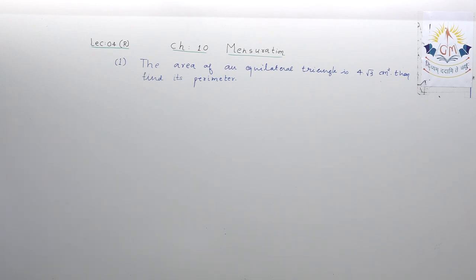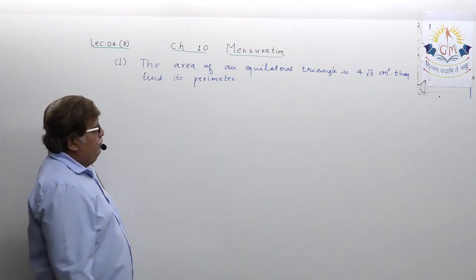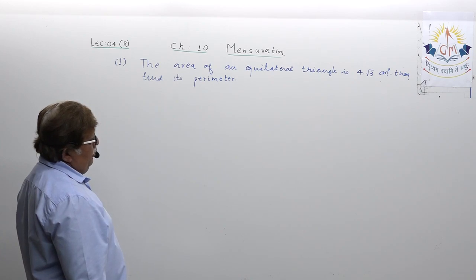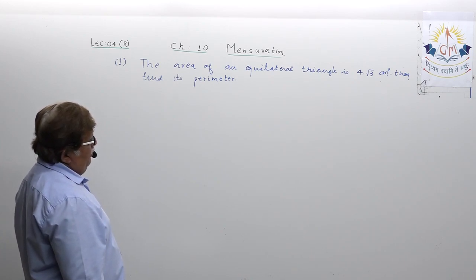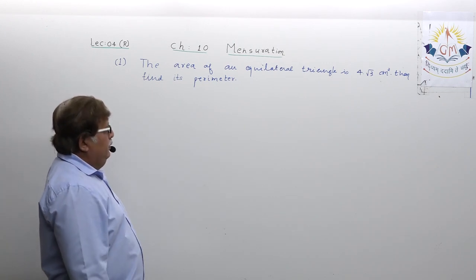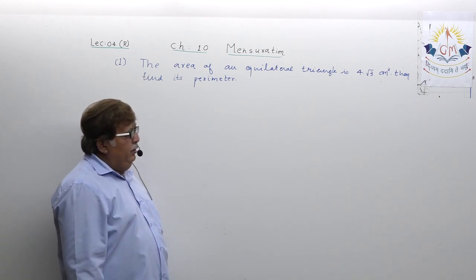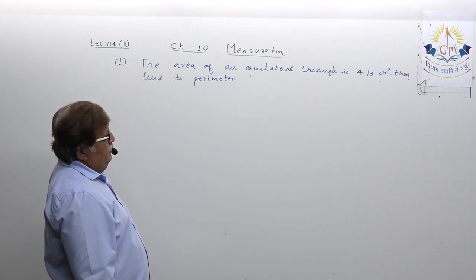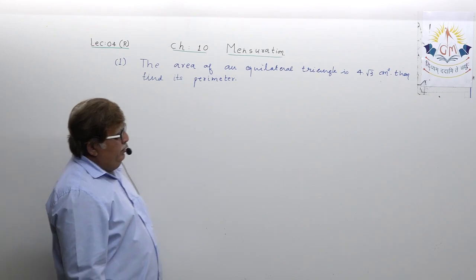You are already given the area of the equilateral triangle, and you are looking for finding its perimeter.